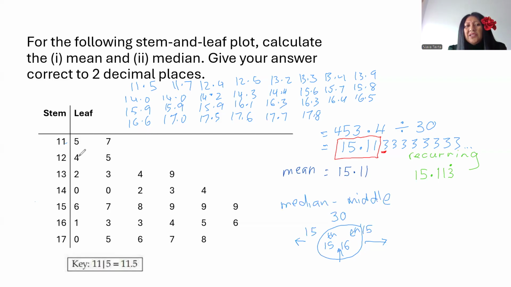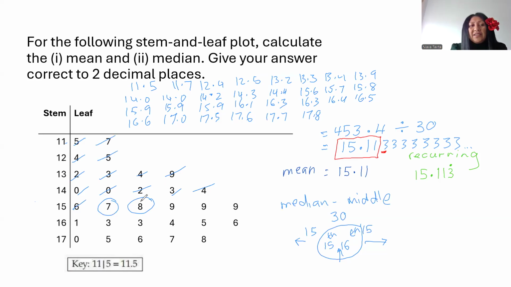So when you count how many data points there are, you should only count the numbers on the leaf side, not the stem. So if we count, we say 1, 2, 3, 4, 5, 6, 7, 8, 9, 10, 11, 12, 13, 14, 15, 16. So these are the 2 middle values.